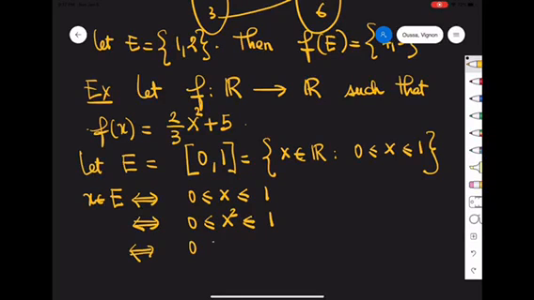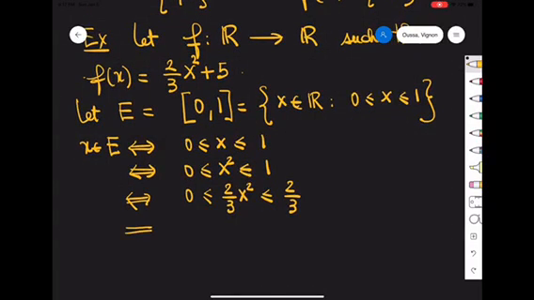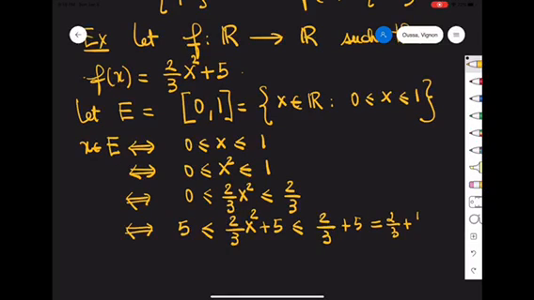So we get 0 is less than or equal to 2/3 x squared, which is less than or equal to 2/3 times 1. And then we can add 5. So we get 5 is less than or equal to 2/3 x squared plus 5, which is less than or equal to 2/3 plus 5, which is 2/3 plus 15/3, and that'll be 17/3.